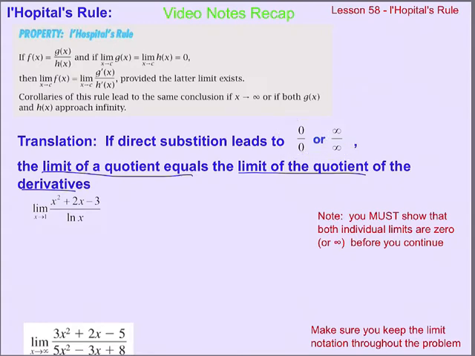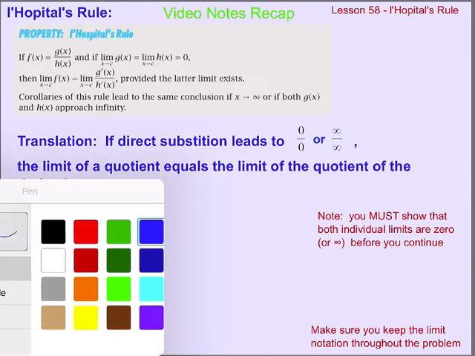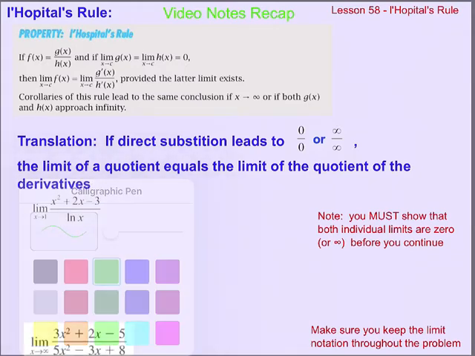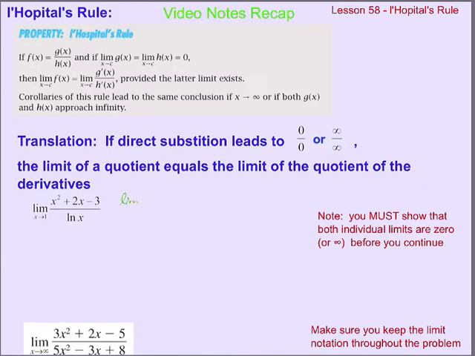So if we're going to try and take a limit, like the one we just tried before where we ended up with 0 over 0, but nothing factored, if we can show that the limit of the numerator and the limit of the denominator are both equal to 0, the limit of x squared plus 2x minus 3 as x approaches 1 is equal to 0. That's true. And the limit of the ln of x as x approaches 1 is equal to 0. That's also true.